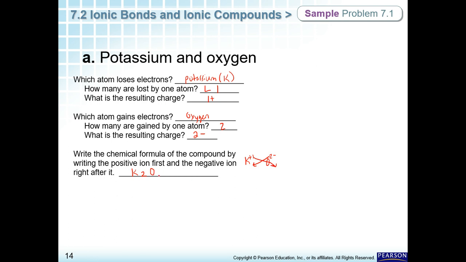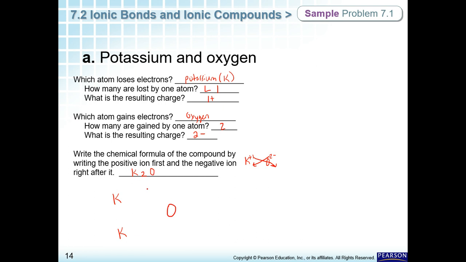You can write a 1 or nothing, it's just understood. The reason I have you write your chemical formula is because then it helps you draw it a lot simpler. This tells me when I draw it that I need to draw 2 K atoms. So K, K, and then I have 1 oxygen.